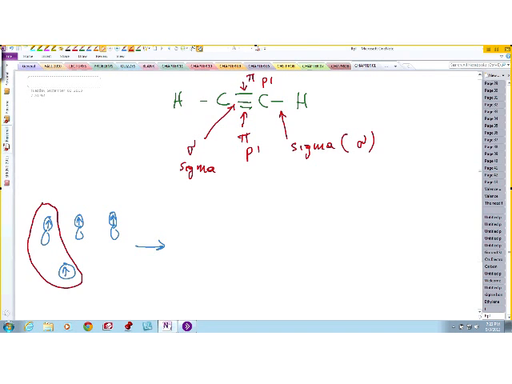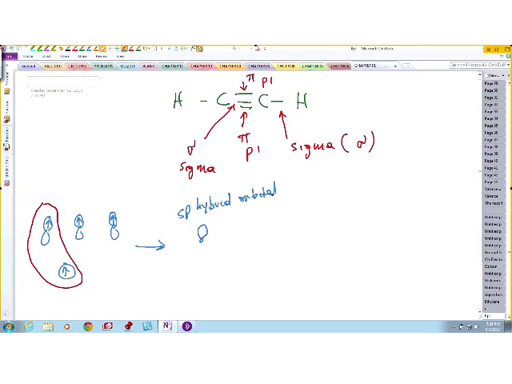And once you do that, you form two hybrid orbitals, which look like the hybrid orbital that we gave you earlier. So you have what we call the sp hybrid orbital.